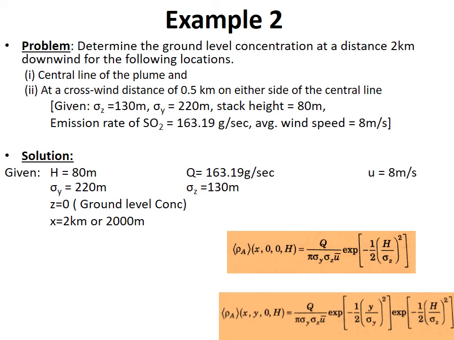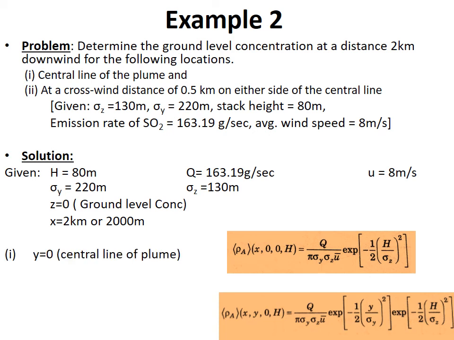Average wind speed is 8 meter per second, that is U equal to 8 meter per second. Also given sigma y equal to 220 meters, sigma z equal to 130 meters. And since we have to find the ground level concentration, z equal to 0, the value of x is given as 2 kilometers downwind, which is equal to 2000 meters.